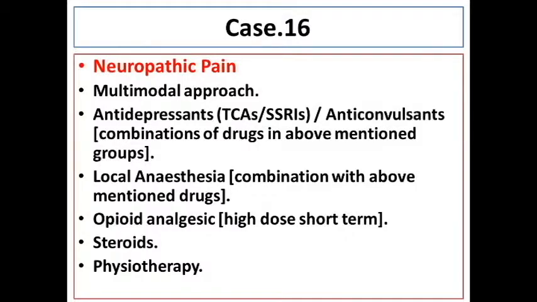Local anesthetic agents, either used topically or in various forms of blocks, may sometimes be used when pain cannot be relieved by other means. Opioid analgesics can be used, but only for short-term therapy when the pain is very severe. Steroids have been tried in neuropathic pain, and there is a role of steroids in neuropathic pain as well. And on top of that, other lifestyle modifications and physiotherapy go a long way in relief of neuropathic pain.